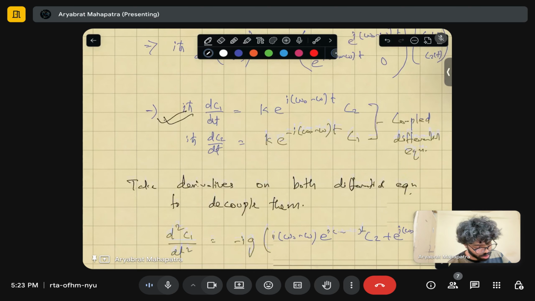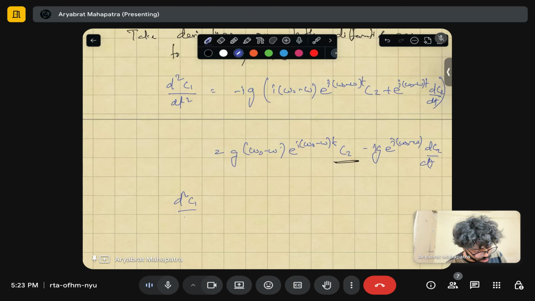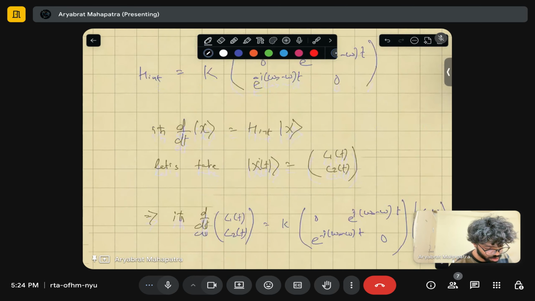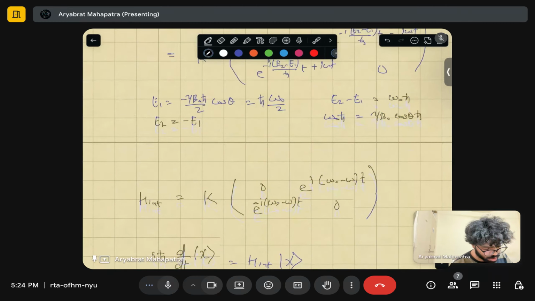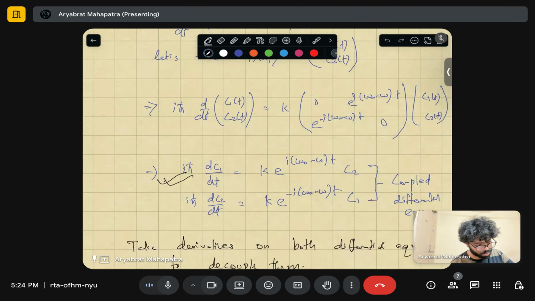So if you use c2 from here, you can easily get this differential equation: d square c1 dt square equals i omega naught minus omega dc1 dt minus g square c1. So here you are using c2 from here.